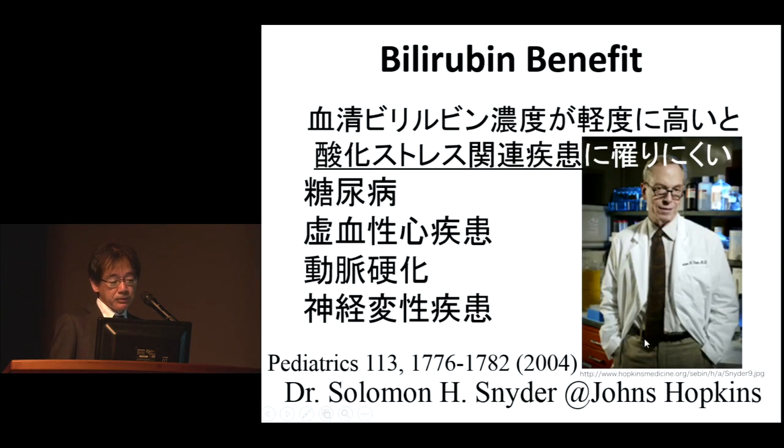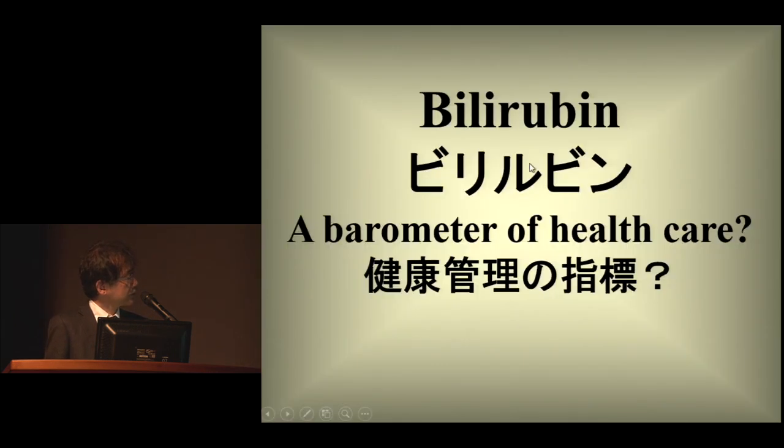Clinical evidence is accumulating that a moderate increase in serum levels of bilirubin is associated with reduced risk of many diseases that involve oxidative stress, such as diabetes and neurodegenerative diseases. So it may be a new barometer of healthcare.